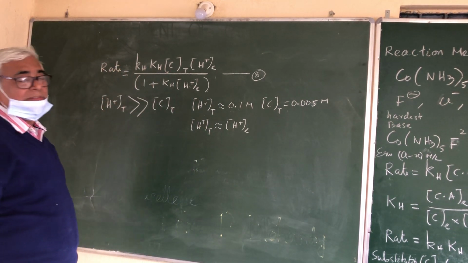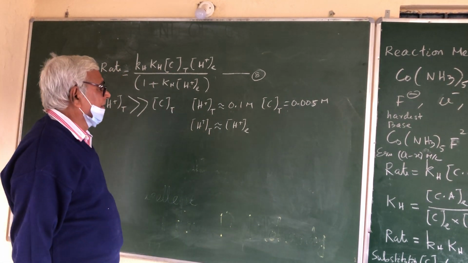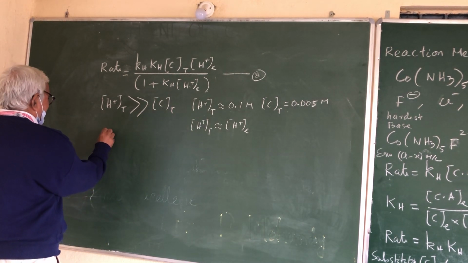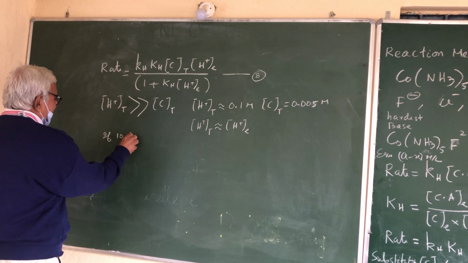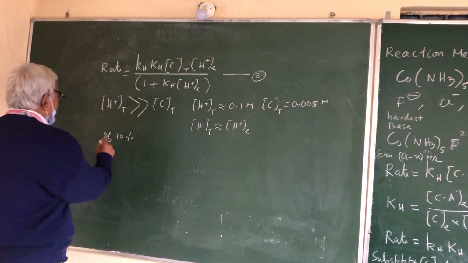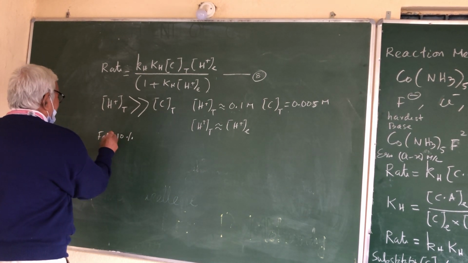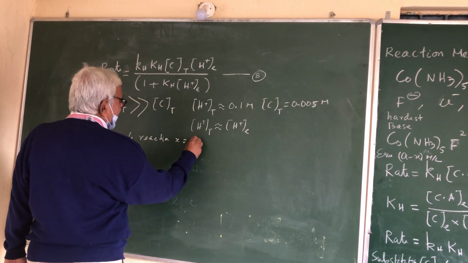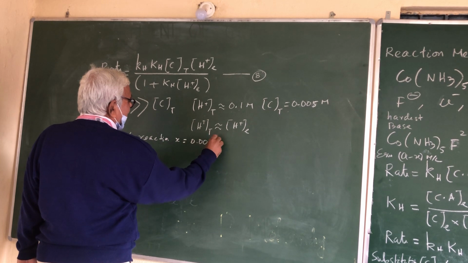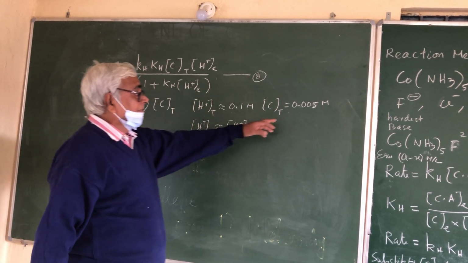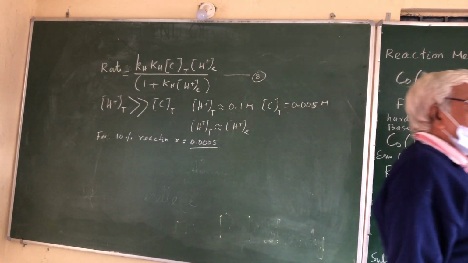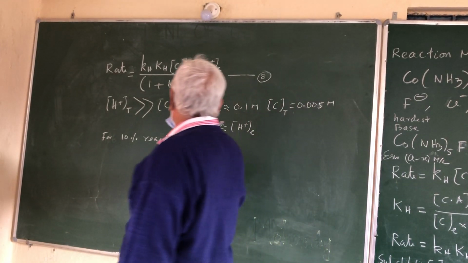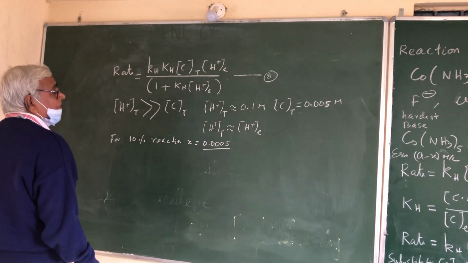How? This can be proved very easily. If 10% of the complex is hydrolyzed, then the X value will be 0.0005.